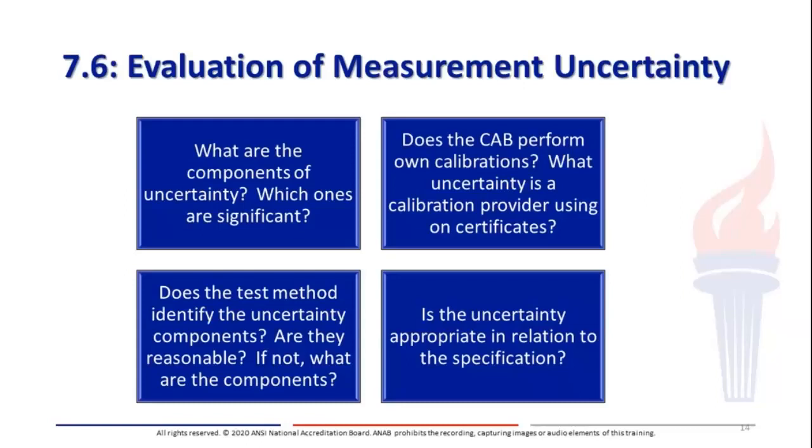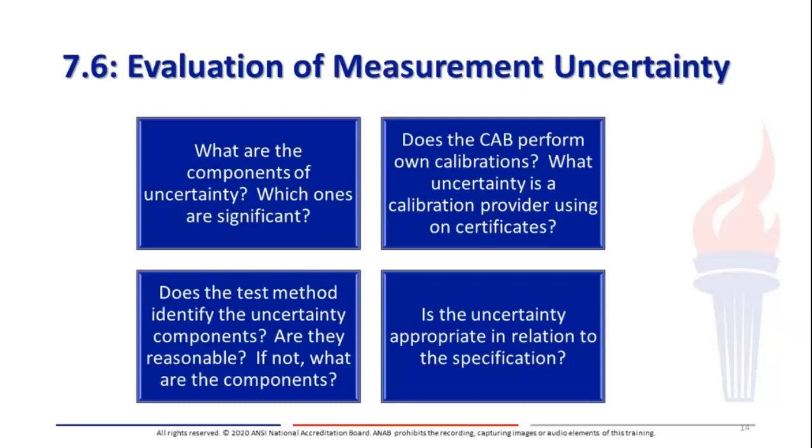And we have another possibility, that uncertainty is identified as part of a test method. Does the test method talk about which specific components need to be significant as part of that uncertainty analysis? When we're stepping through that test method, it may identify what those key contributors are.